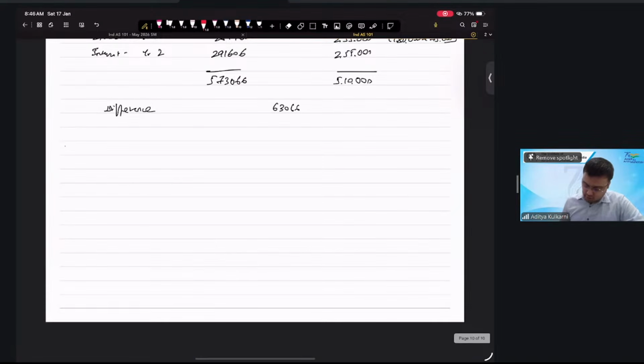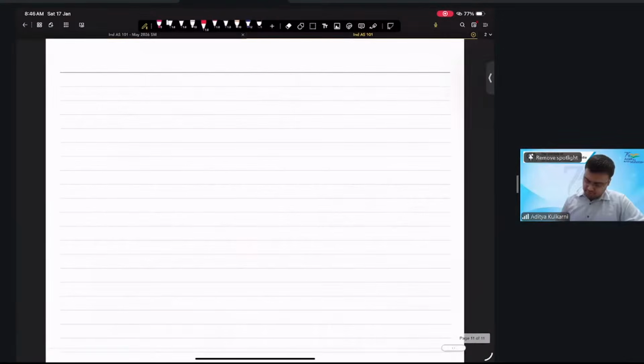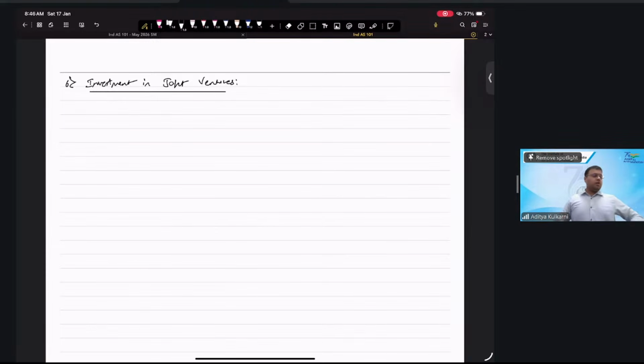Next, we move on to investment in joint ventures. Do you remember how we would account for joint venture under accounting standard 27?